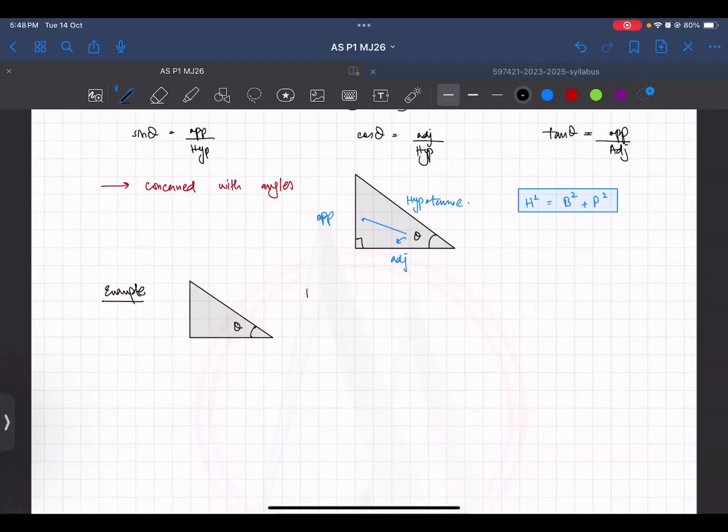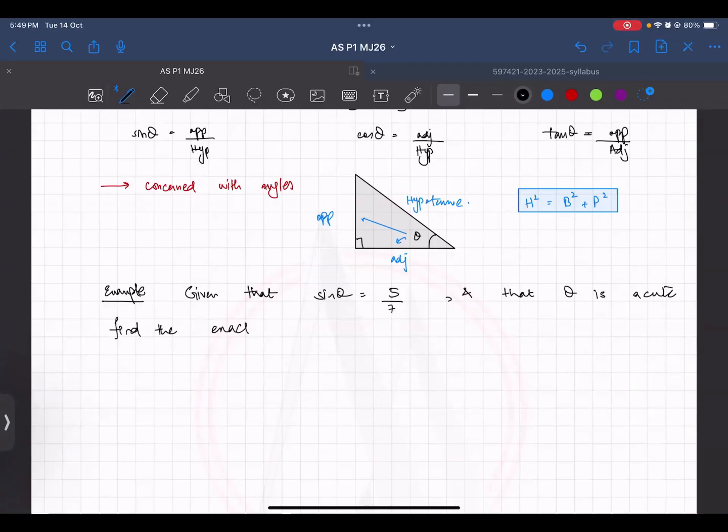The question is: given that sine theta is 5/7, and that theta is acute, find the exact value of cos theta and tan theta.